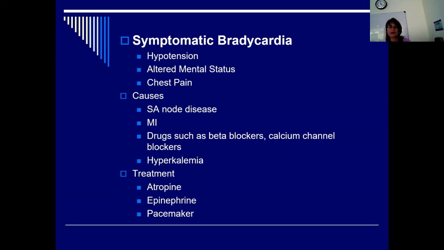So for atropine, I wrote down that atropine blocks the parasympathetic system. And the parasympathetic system slows the heart rate down. Do you remember that? Okay. Well, if you block the slowness, it's going to increase the heart rate. So I wrote, it blocks the slowness of the heart.